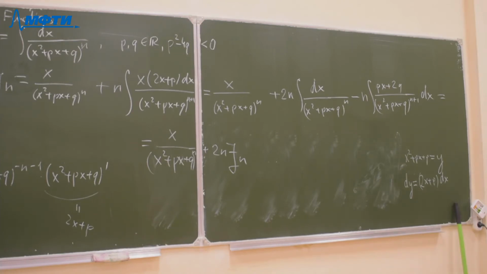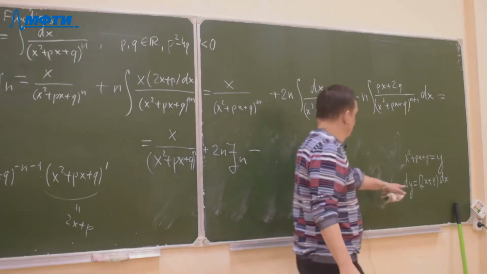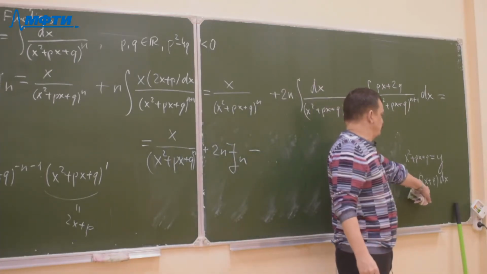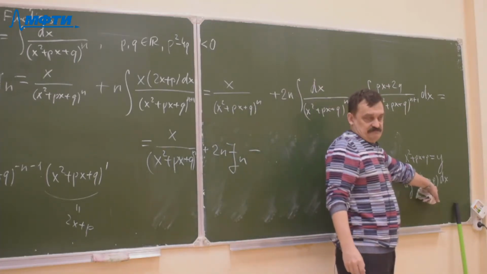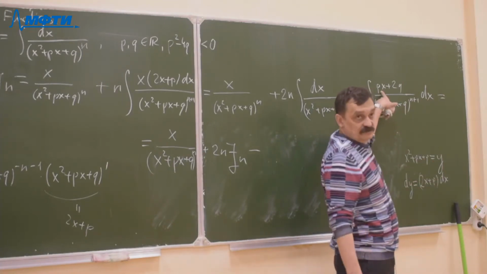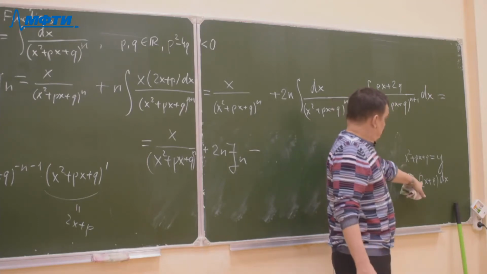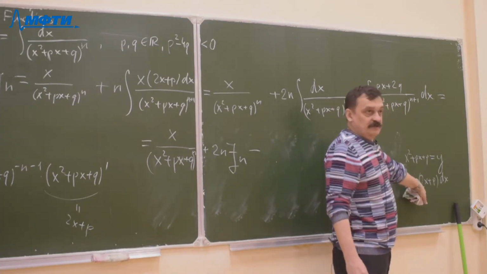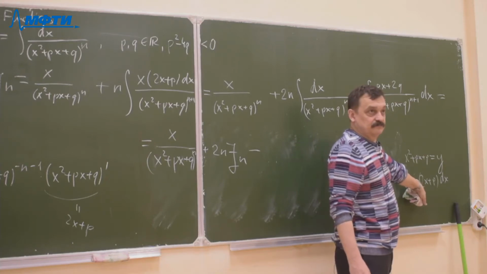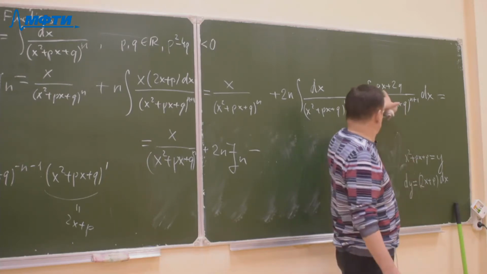Of course, in general, this is not the case, but we can represent. So look, we want to receive 2x plus p, but we have a different expression, right? The first difference is here: 2, that is what we want, but we have p instead.